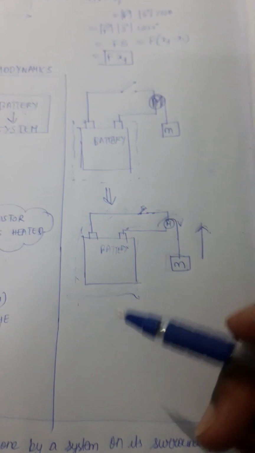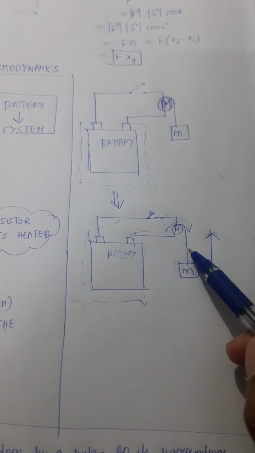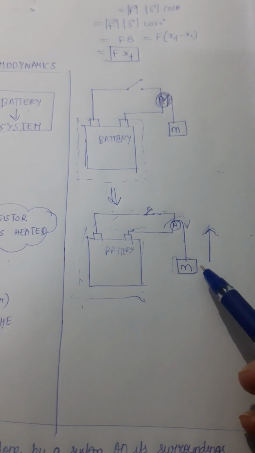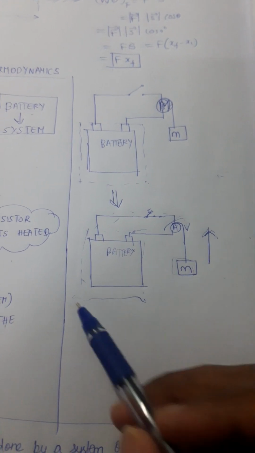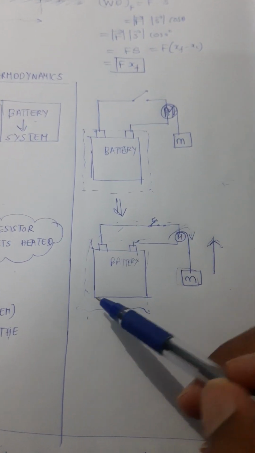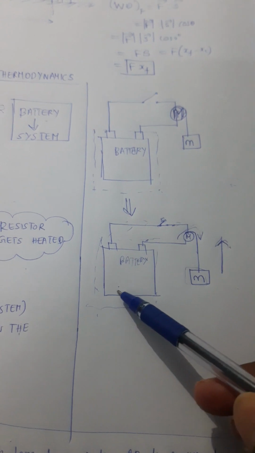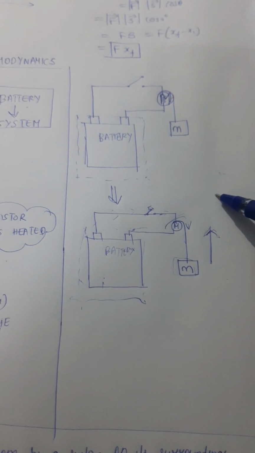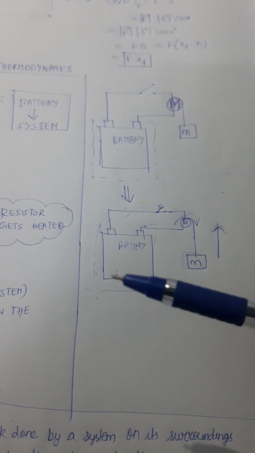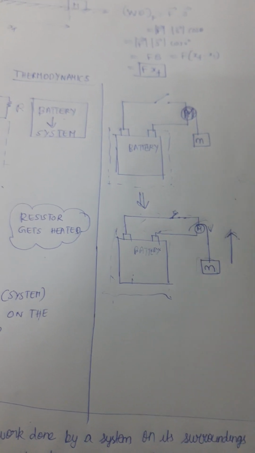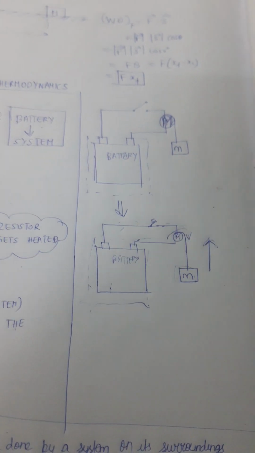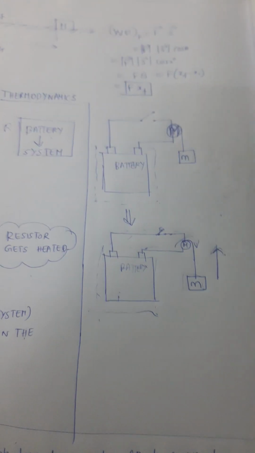You can clearly see that the surroundings, this block of mass m, is displaced by some distance, moving upwards. So we can say that the battery is doing some external work on the surroundings. From this experiment, I will explain the definition of work in thermodynamics and how we say when a system has performed any external work on the surroundings.